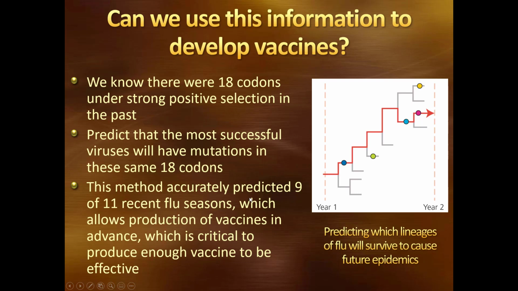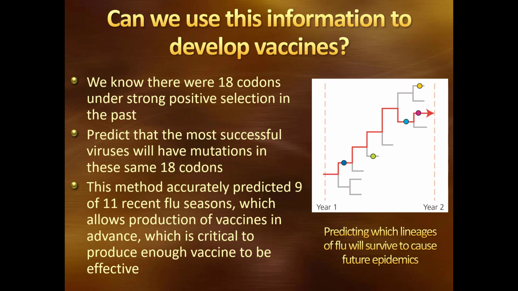And this method has actually allowed them to accurately predict 9 of the 11 recent flu seasons as far as where do we think the changes will be and what kind of vaccine would be effective for that. So they are able to make some of those predictions and get more effective development of vaccines.